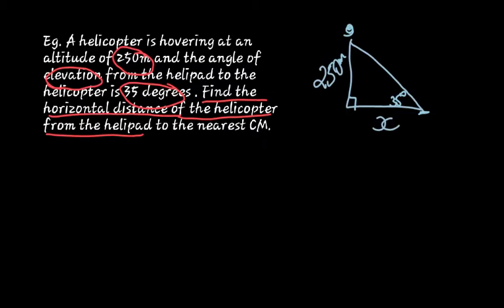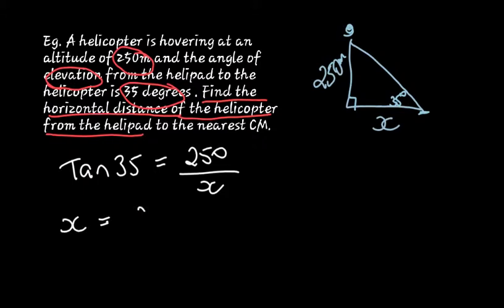So we're going to use tan of 35 is equal to opposite over adjacent, so 250 over x. And when the x is on the bottom, we're just going to swap the places of our tan and our x, and we get x is equal to 250 over tan 35.